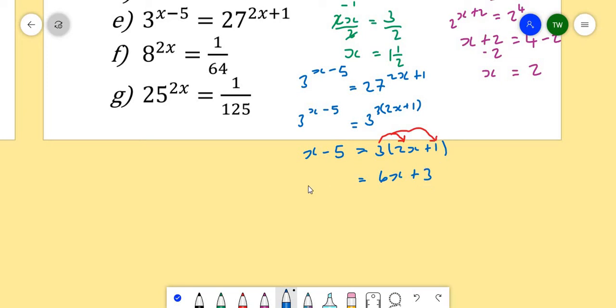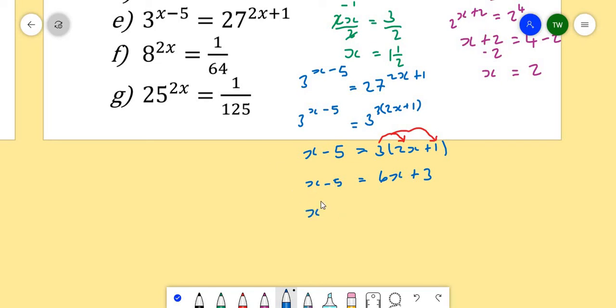So on the left, we still have x minus 5. Now at this stage, we want to group the like terms, right? So I want to group the terms with x on the left. So I'm going to write back my first term that I have, which is x.